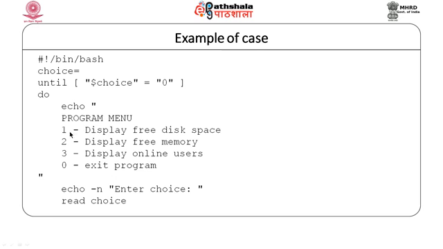So, this menu will be displayed on the screen and the user is asked to enter a choice. Based on the choice value, these particular operations must be performed. The operations are in the next screen.